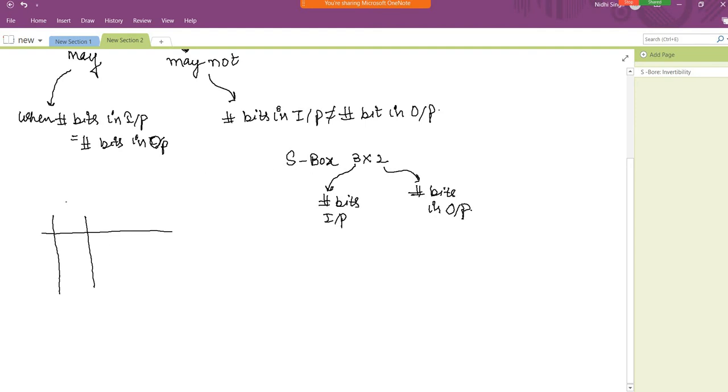Because we have 3 input bits, I am taking 1, 2 and 3. The first bit will be indicated as the LSB, that is the left significant bit, and the other 2 bits will be indicated as the RSB, that is the rightmost significant bit. Suppose this is my table, with 0 and 1.